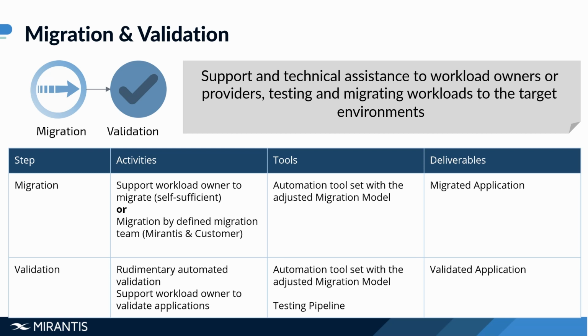Because it comes back to the fact that every workload is unique. We cannot test every workload, because that is only possible with the workload owner, because only the workload owner and his team know their workload and know what to test, right? So this is up to the workload owner.